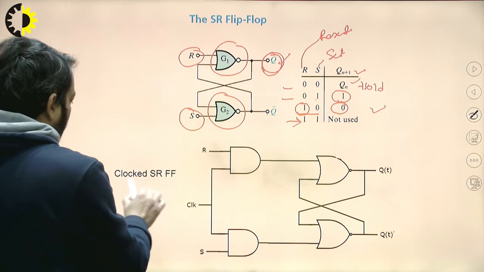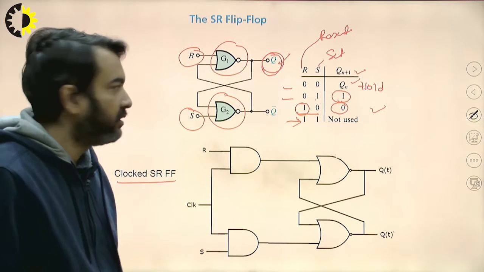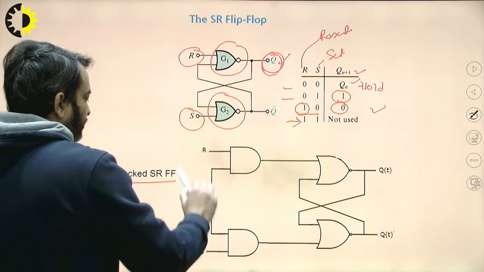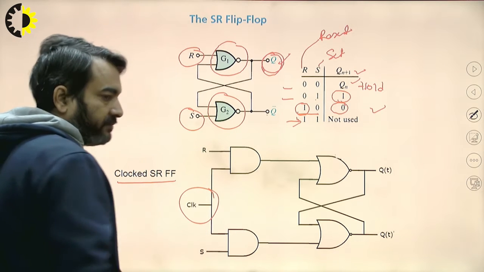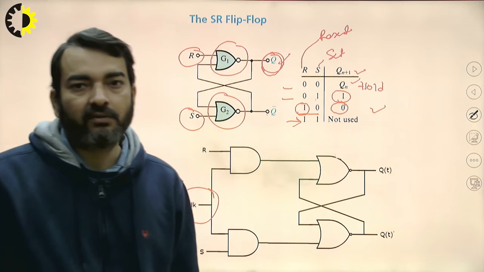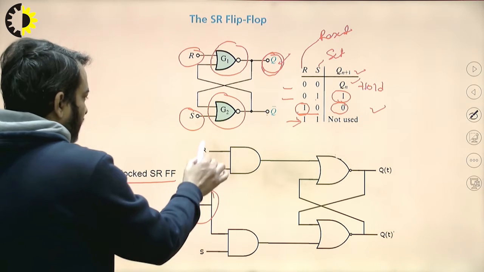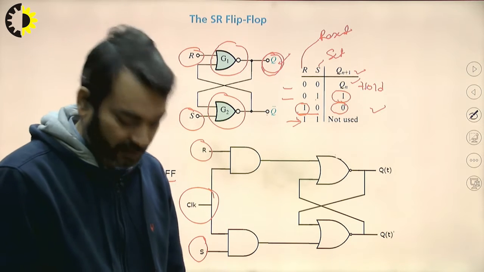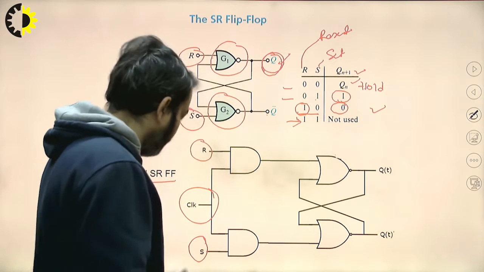If we go for a clocked SR flip-flop, this circuit is simply extended and we use one clock pulse. So whenever the clock pulse is high, only then will these inputs be processed and the output changed accordingly.